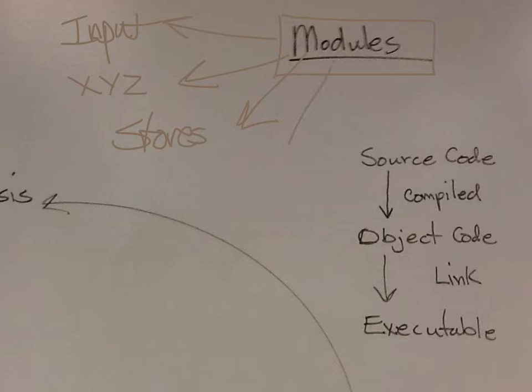Maybe another module that does any reporting, etc. Then we put all those modules together. We make a main line that calls all these modules and gets them to do the work.